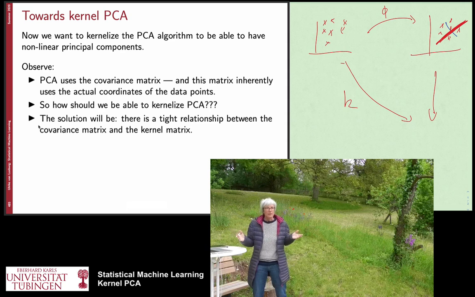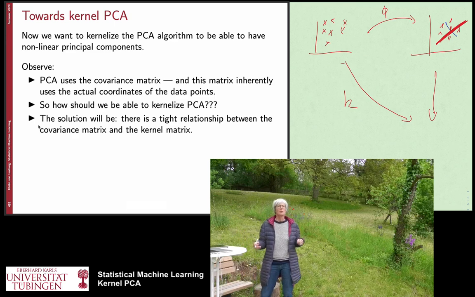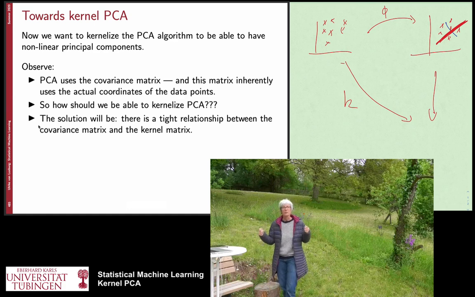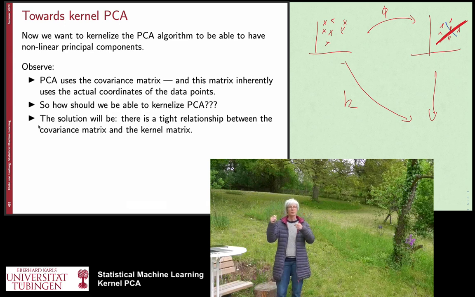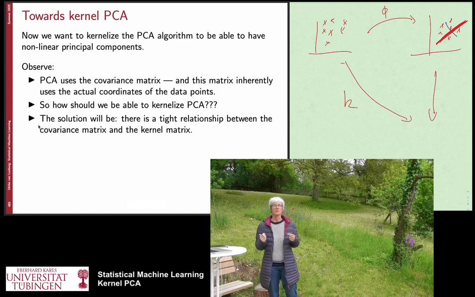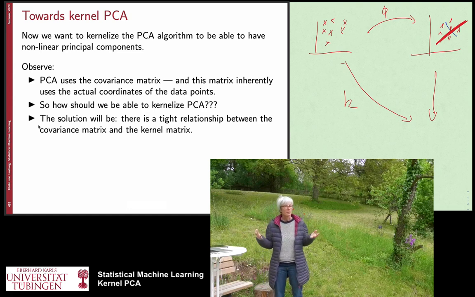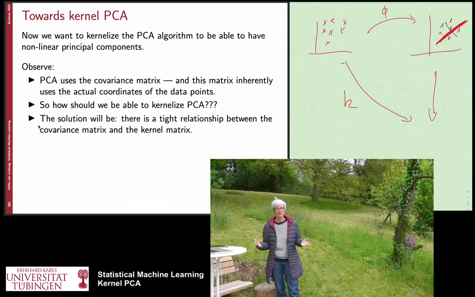For all of these things you need coordinates. Also, if you think about how the PCA algorithm works, we look at the covariance matrix of our data, and the covariance matrix contains information about your coordinates, because it's a d times d matrix where d is the dimension of your space, and it tells you the correlation between the different dimensions in your data. And somehow it seems very strange that you should be able to do something like that without explicitly having the representation of your data.